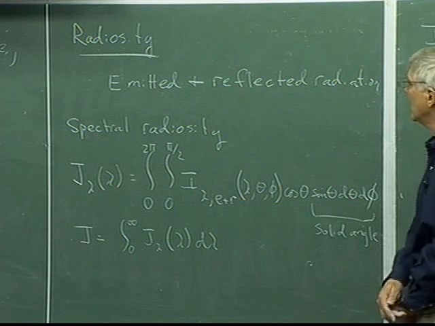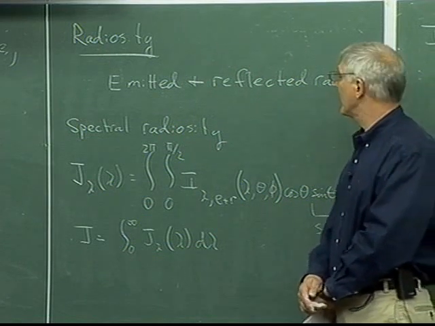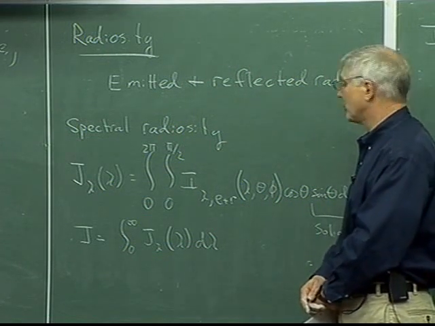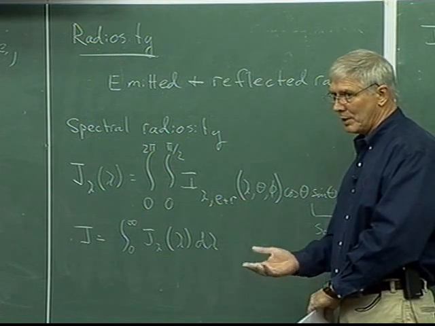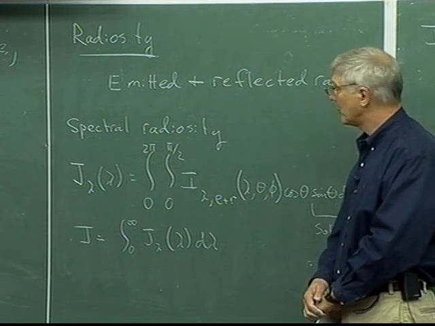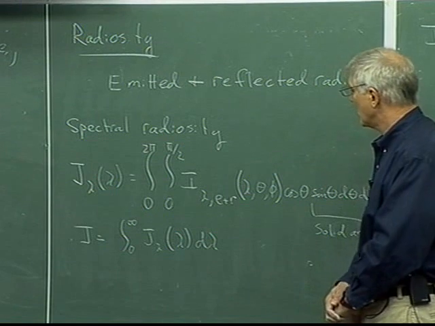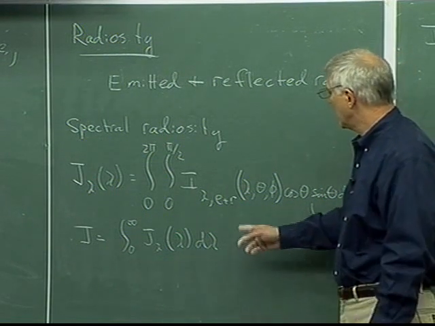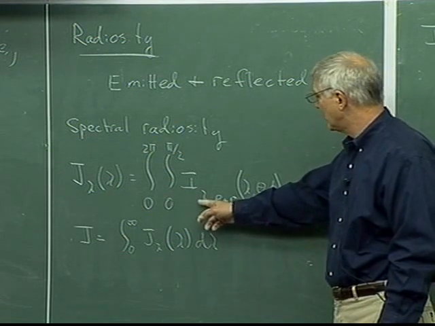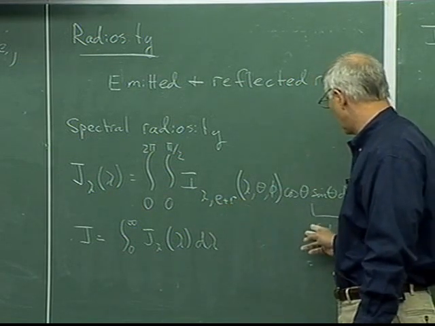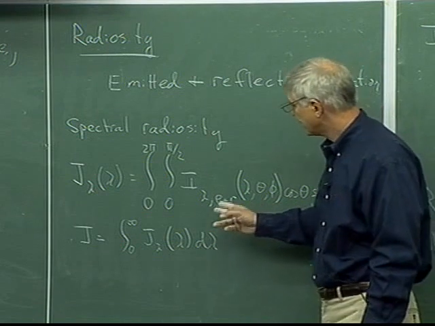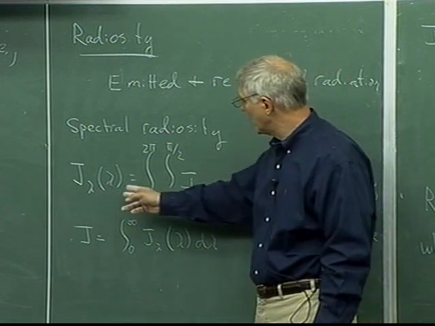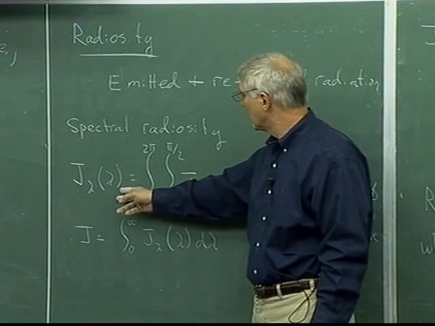Okay, the next term I want to talk about is radiosity. Radiosity is the emitted and the reflected radiation from a surface. So not only do we have emitted radiation, but we're also interested in the reflected radiation. And we'll define what's called the spectral radiosity by taking the spectral intensity and integrating over the solid angle and the projected area, and we get what's called the spectral radiosity.